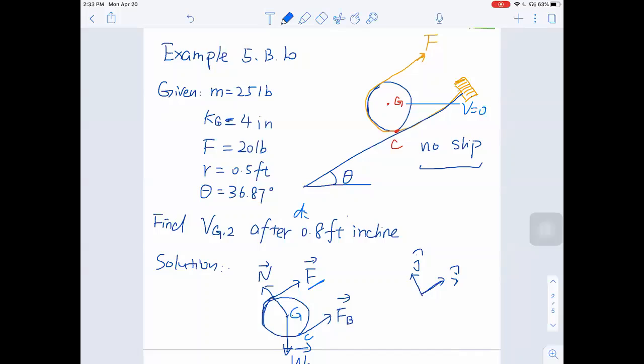Okay, so here's actually a very tricky part of this problem. Do you remember I mentioned if you're driving your car on the highway at 70 miles per hour, the contact point between your tire and the road has 0 velocity, right? And the center of your wheel is traveling at 70 miles per hour.